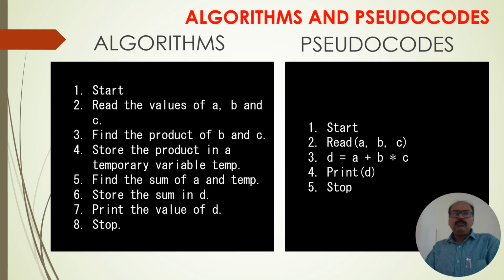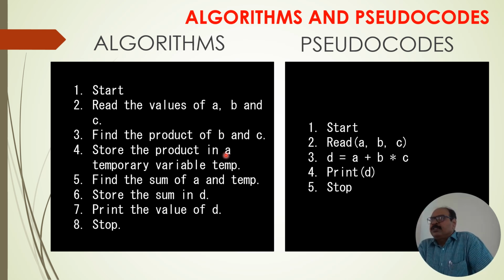The algorithm is a step-by-step approach towards solving this problem. Let me take my first step. The algorithm begins with start. After start, the next step is to read the values of A, B and C. We are going to find D given A, B and C, so A, B and C should be given as input to the code.